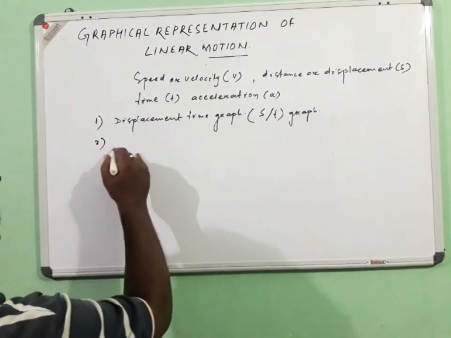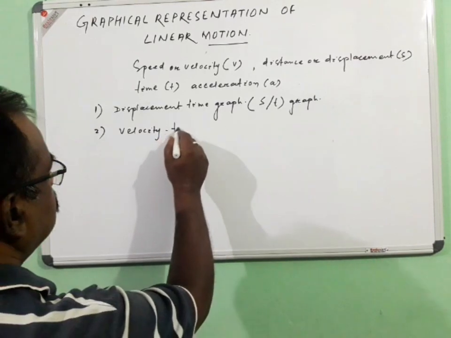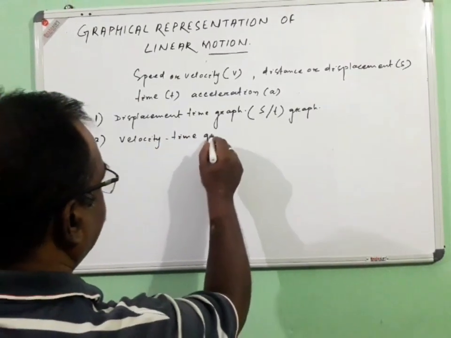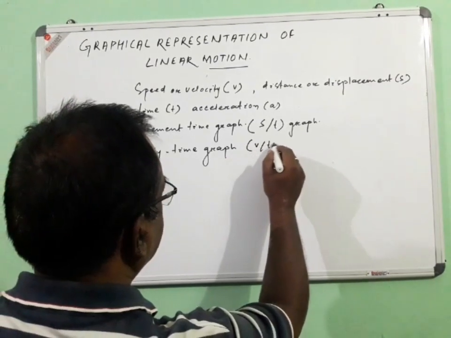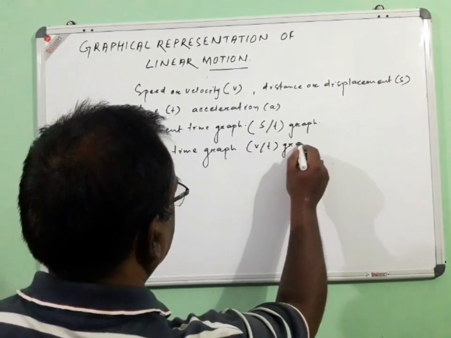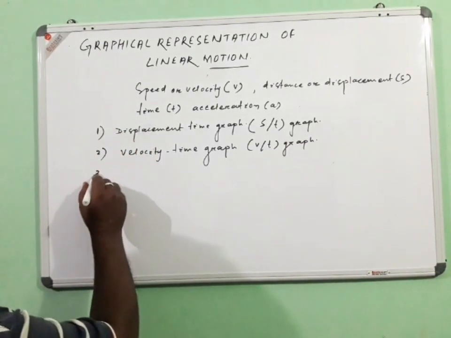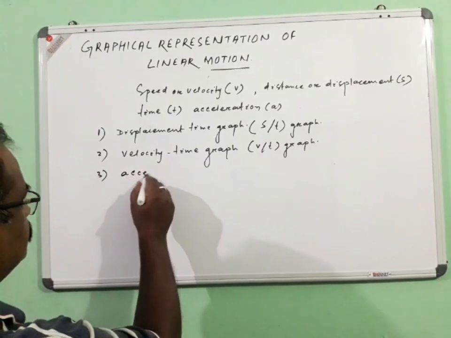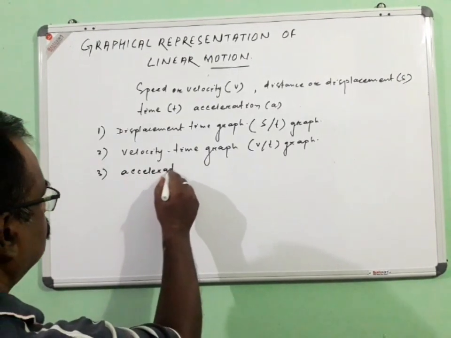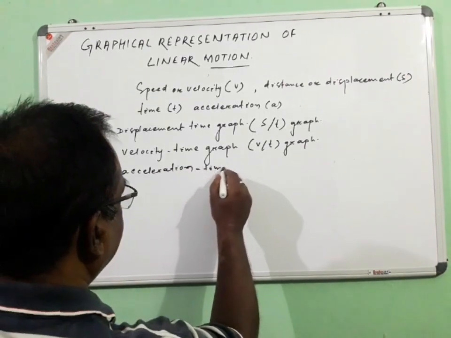Second one, that is the velocity time graph or V versus T graph. And the third one, that is the acceleration time graph.